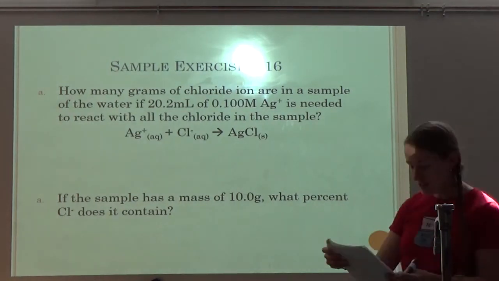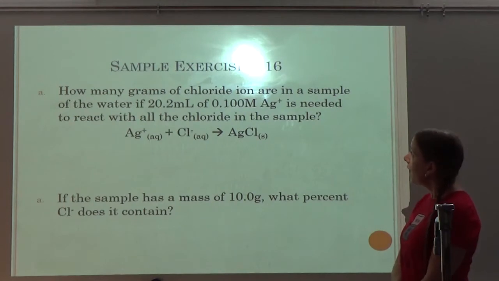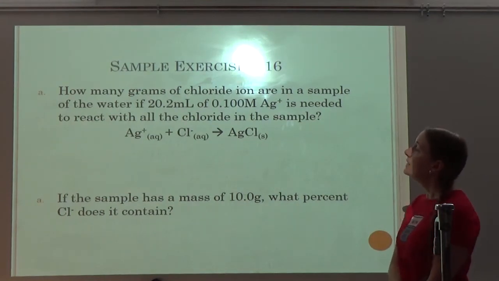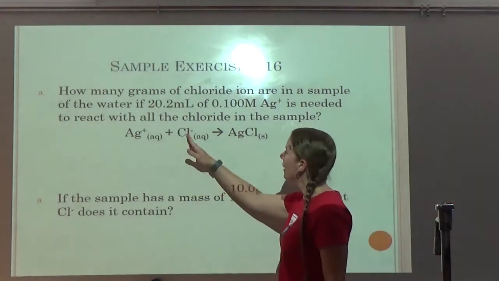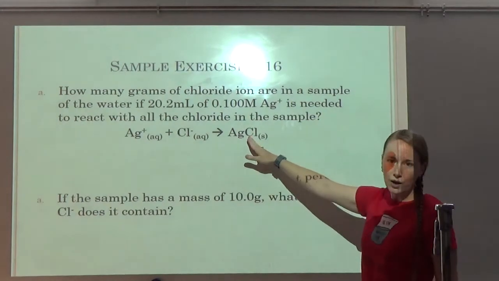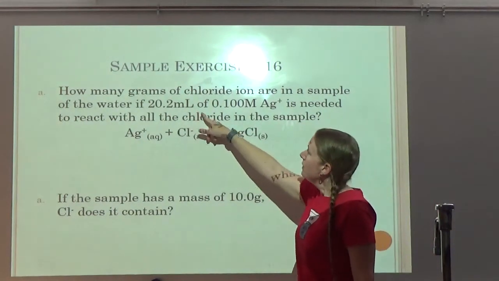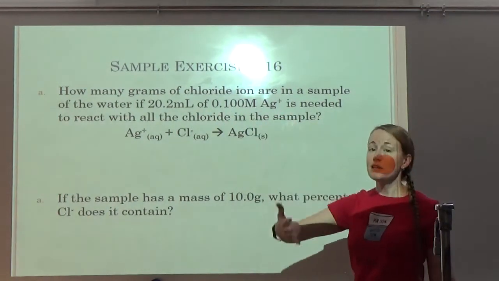So let's look at our sample exercise. It says how many grams of chloride ion are in a sample of the water if 20.2 milliliters of 0.1 molar Ag+ or silver ion is needed to react with all of the chloride in the sample. So we have silver ions and chloride ions making silver chloride. It tells me my milliliters and molarity of my silver, so I can go ahead and get to moles.